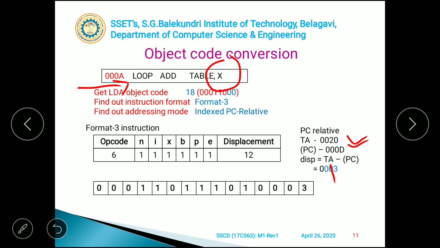The first 6 bits are taken here as the first 6 bits, and after that you set n and i, then set the x value also, because you are going to represent it as indexed. Then the PC relative bit you are going to set as 1, as I told you, it should be 1. So the final result will be like this.